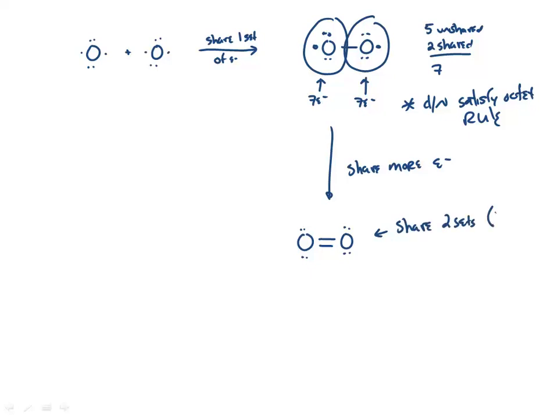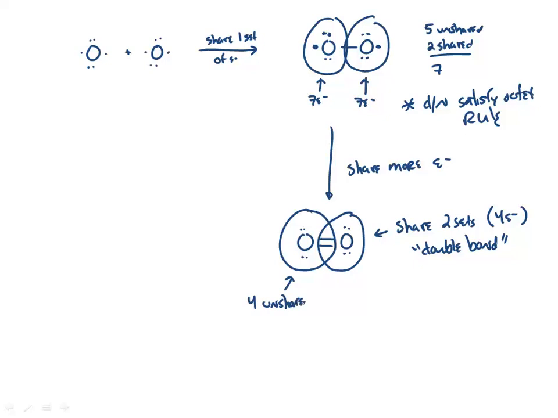And what I mean by sets is 4 electrons, and it's called a double bond. If I take a look at how I'm counting the electrons, I draw it like this. Each one has 4 unshared and 4 shared electrons to make 8 electrons and make its octet. Everyone's happy.